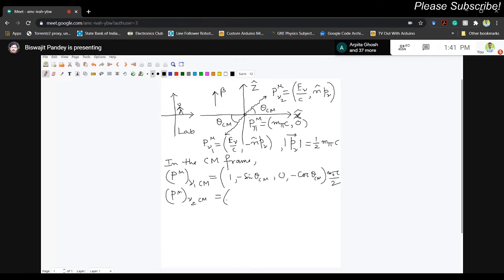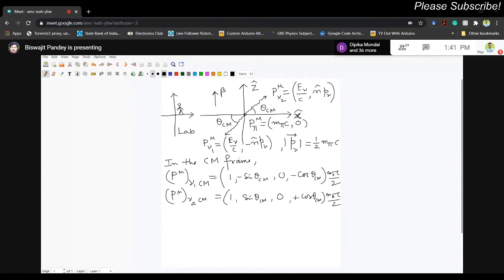This will be just 1 comma plus, this time it will be plus sine theta cm. You can club them together, as there is only a difference of minus and plus sign, so you need not write them separately. It is just a change of sign. Plus cos of theta cm, m pi c by 2. This is the 4 momentum that you know for the two photons.